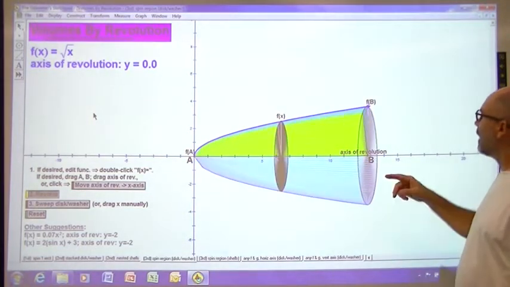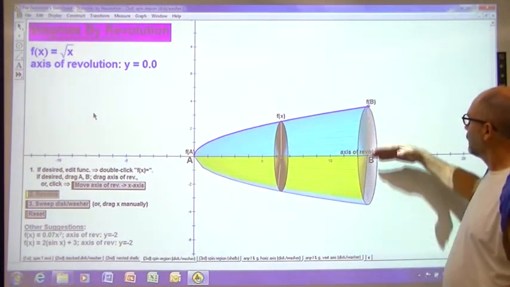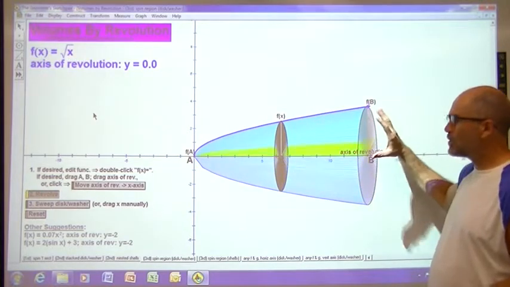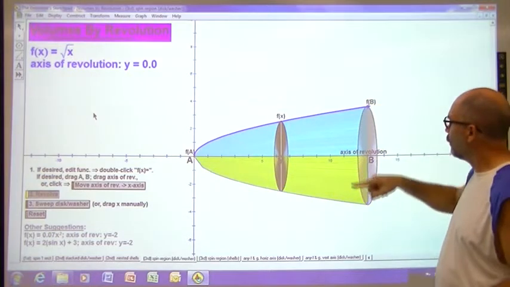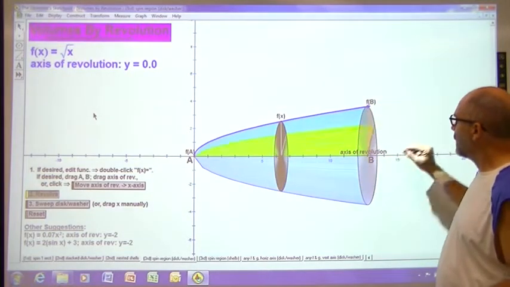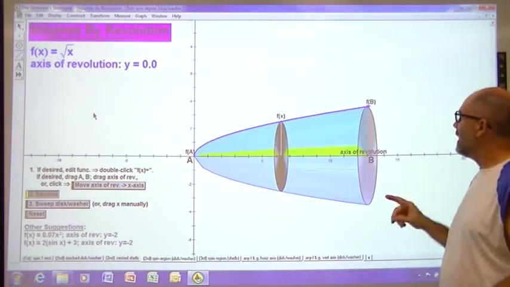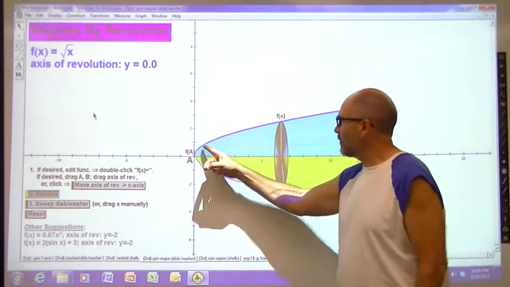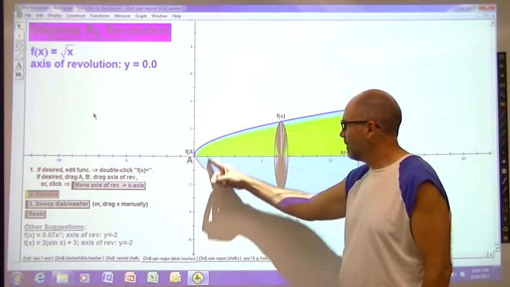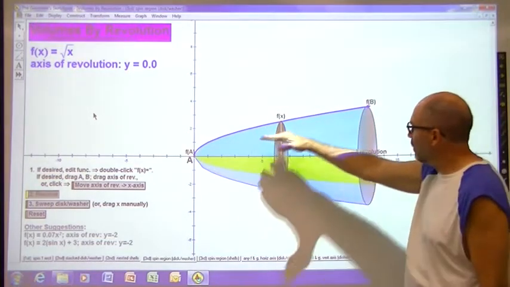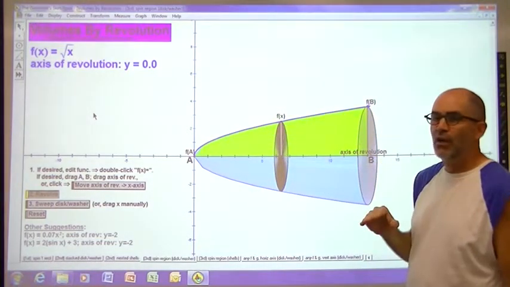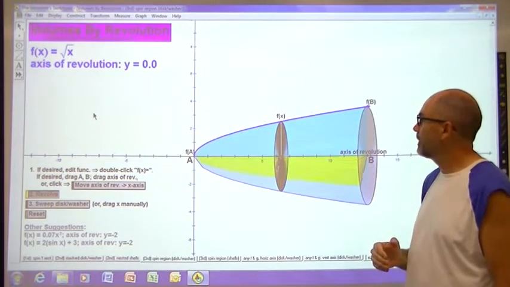There we are. So now, notice we've created a three-dimensional object because our curve is rotating around the x-axis. Notice the radius in here is small, but it gets bigger and bigger, following the function y equals the square root of x.